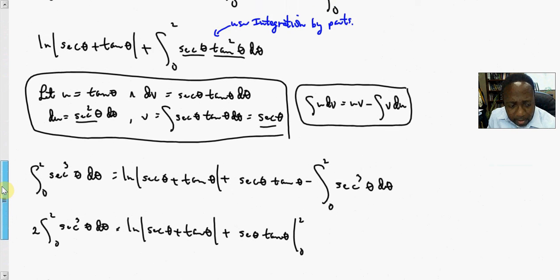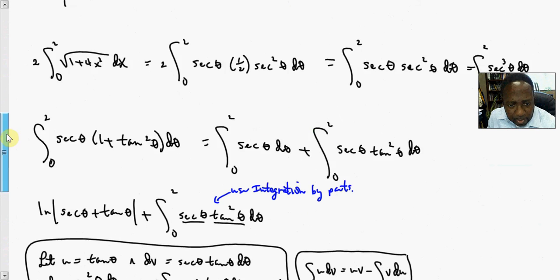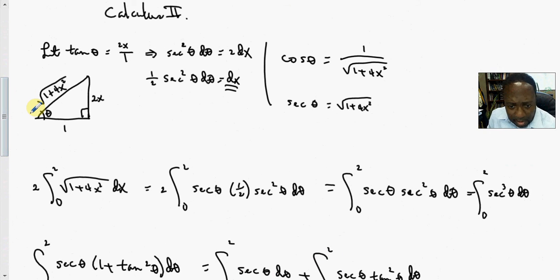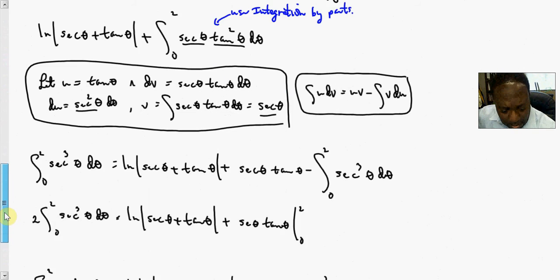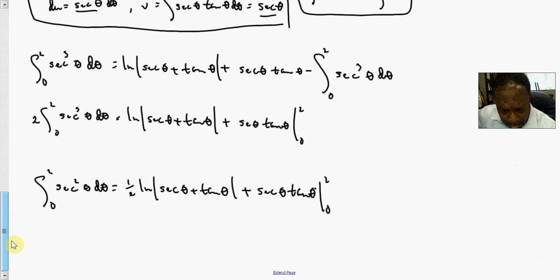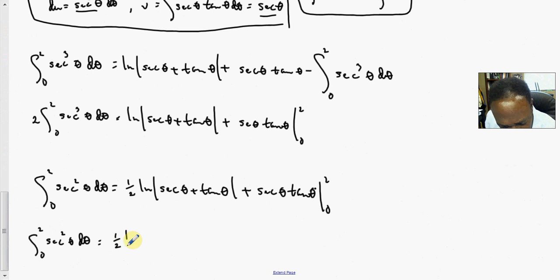Let's go back to the triangle and see what was secant and what was tangent. Secant theta is the square root, and then tangent is 2x. So that's what we need. What we're looking for, this integral from 0 to 2 of secant squared theta d theta, is 1/2 times the natural log of the absolute value of secant plus tangent.